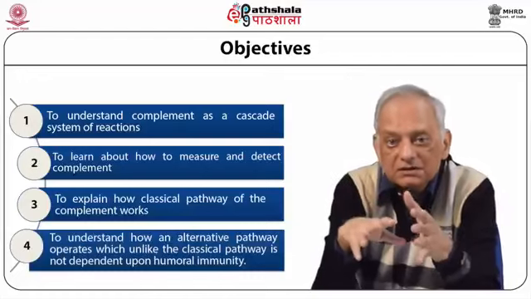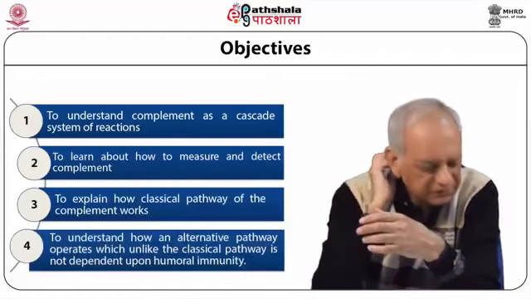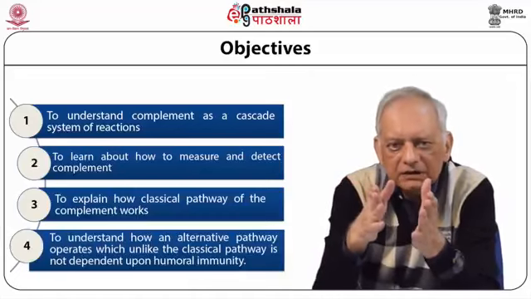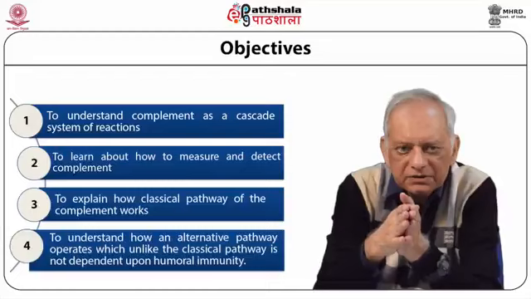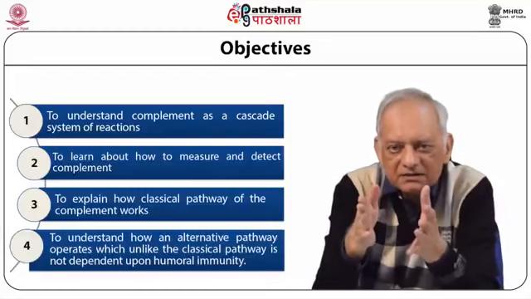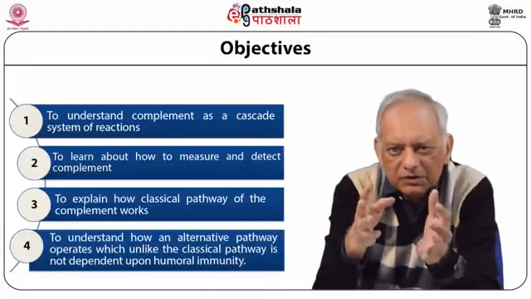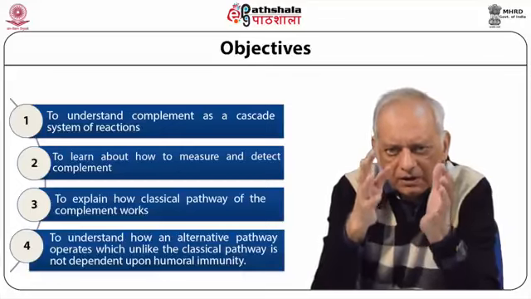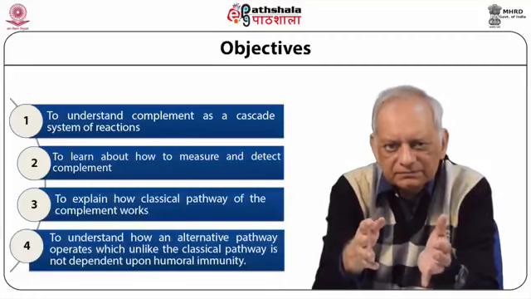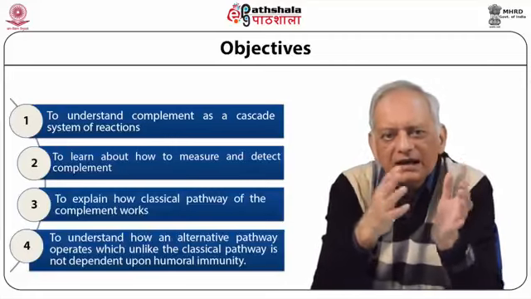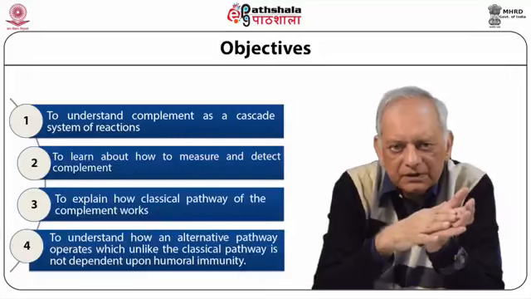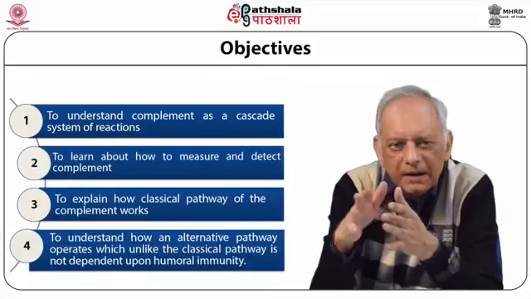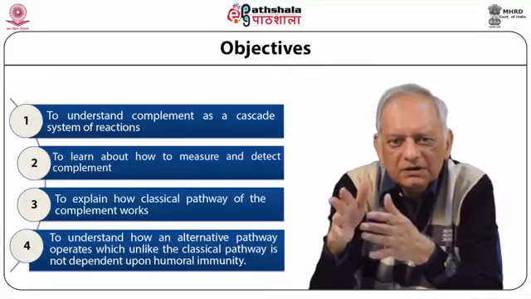We will also understand how the alternative pathway, which is the second pathway for complement activation, operates. It is important to understand and remember that unlike the classical pathway, the alternative pathway is not dependent upon humoral immunity.